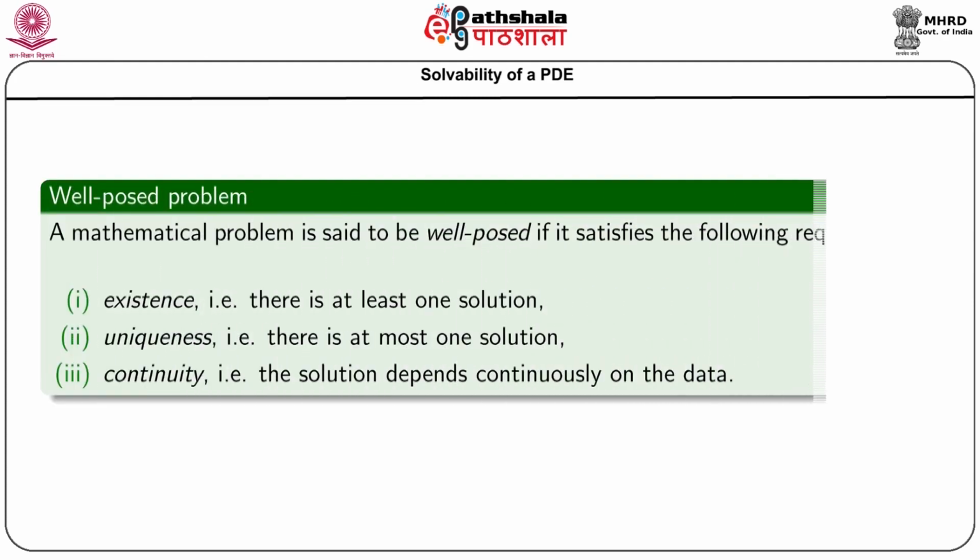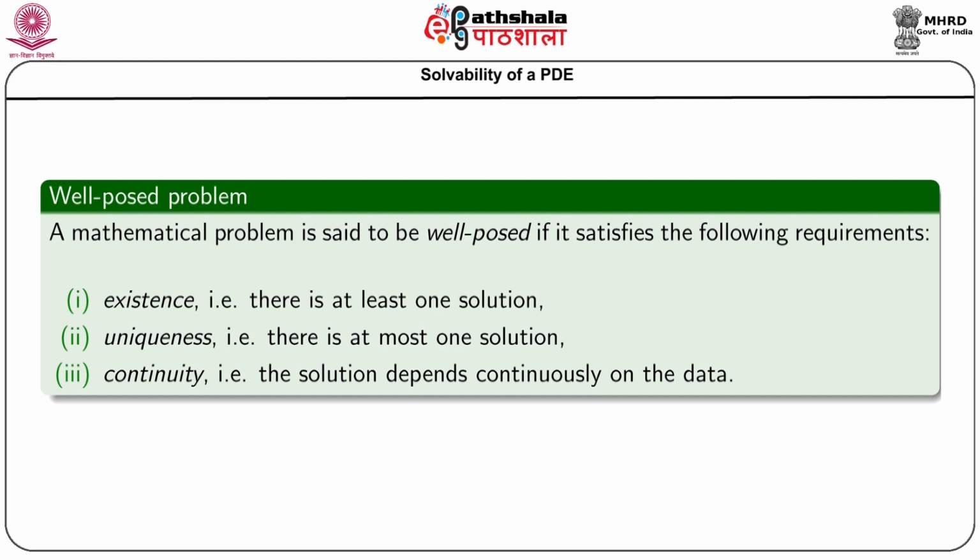Before solving a partial differential equation, we have to think about the solvability of the partial differential equation. A mathematical problem is said to be well posed if it satisfies the following three conditions.